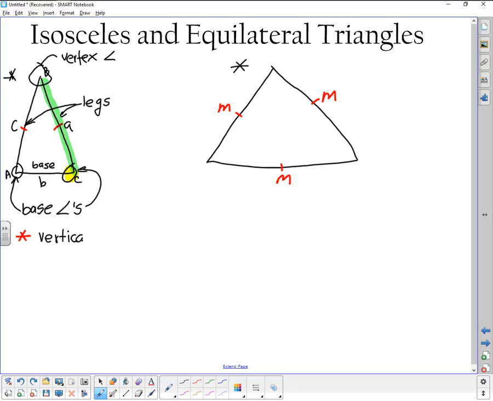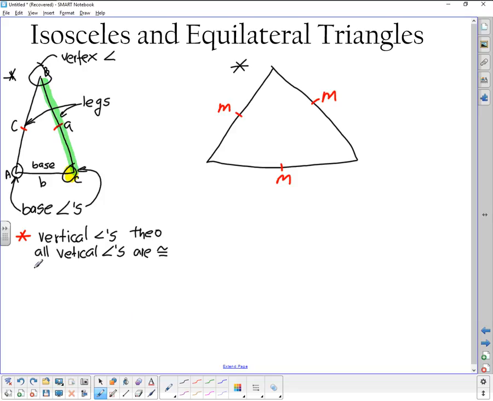We're going to be using the vertical angles theorem, and that one says all vertical angles are congruent. All of them are congruent.